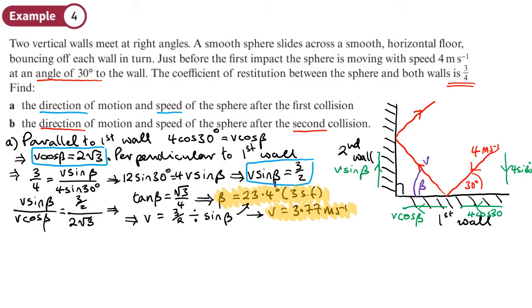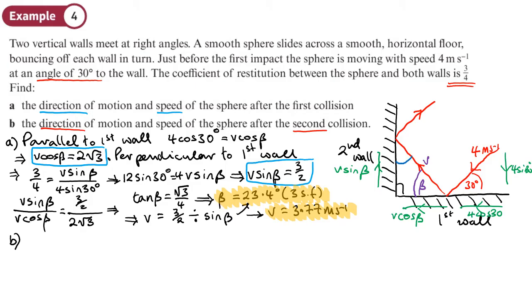Right, so part B. So we now need to know what this angle is here. This is going to be like the angle that it approaches. We know V. Since we know this angle is 23.4, this angle up here, because it's a right angle triangle, is going to be 90 minus 23.4. Now I'm going to try to use exact values as much as I can.